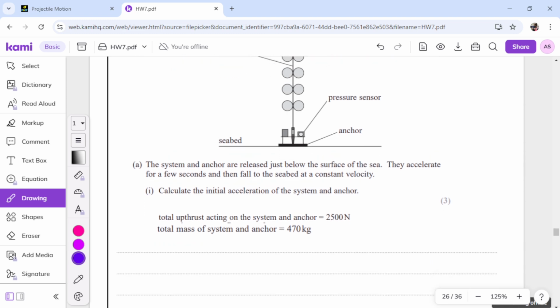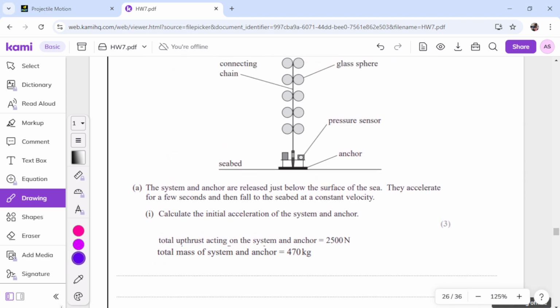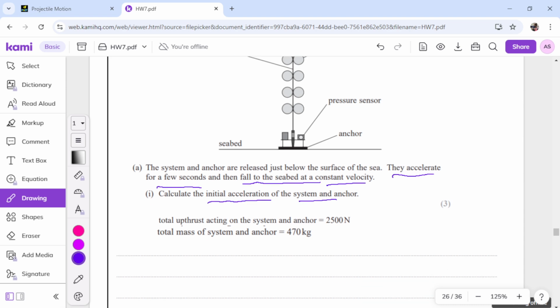As you see, this is the system. The system and anchor are released just below the surface of the water. They accelerate first for a few seconds and then fall to the seabed at a constant velocity. Calculate the initial acceleration for the system and anchor.